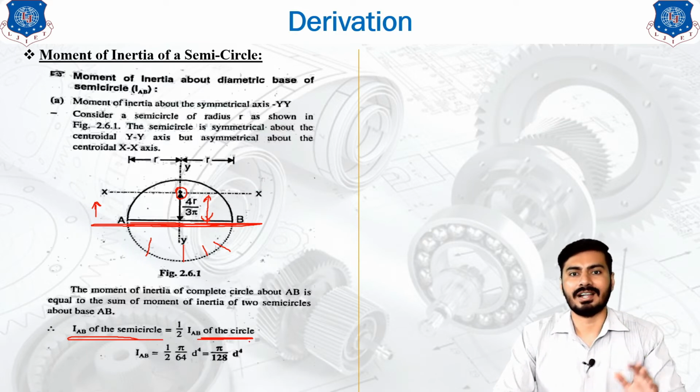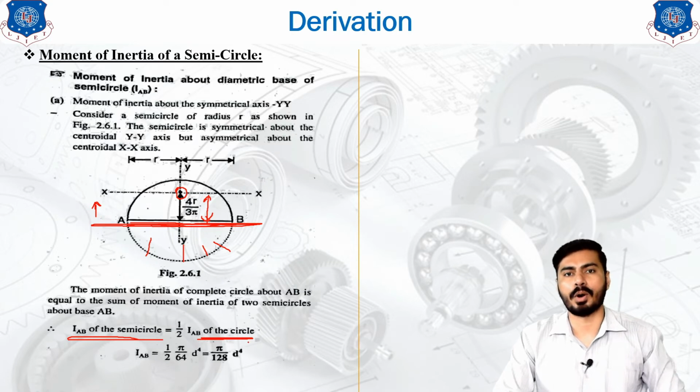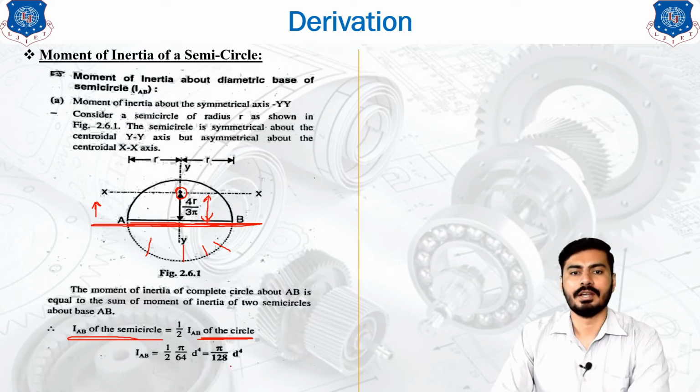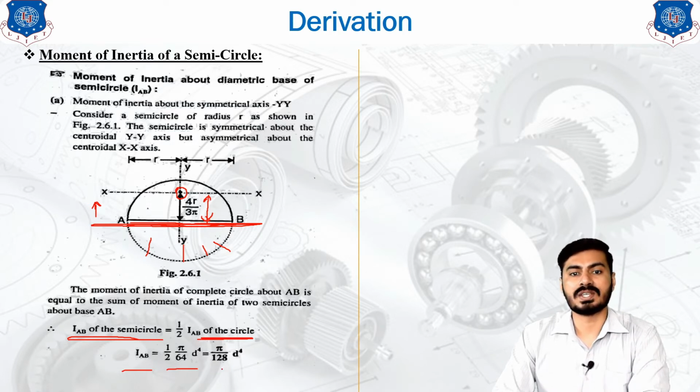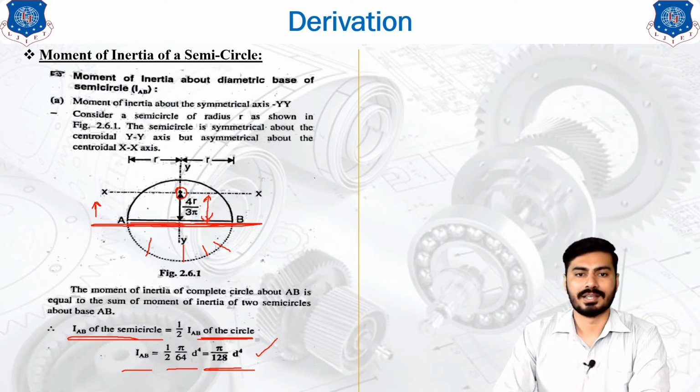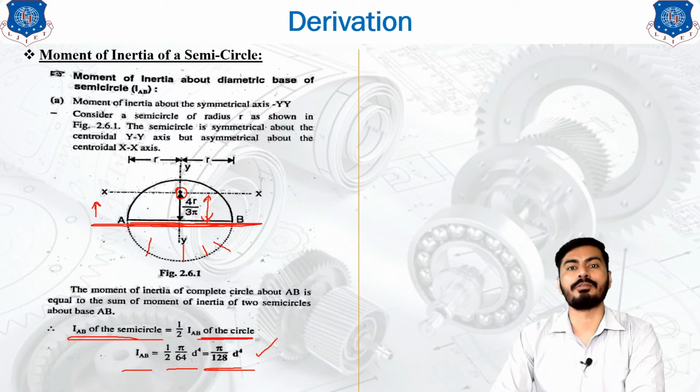We have considered only the half part of the area of the circle, so the moment of inertia of the semicircle will be half of the moment of inertia of the circle. If you simplify this equation, you will get pi by 128 d raised to 4. That is the final answer for the moment of inertia of the semicircle about the base.